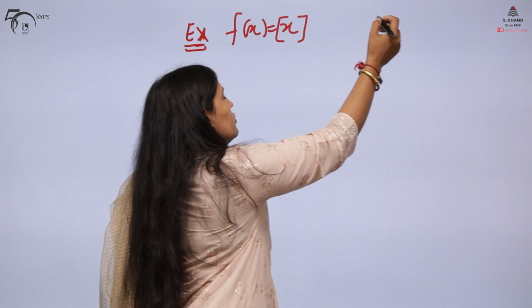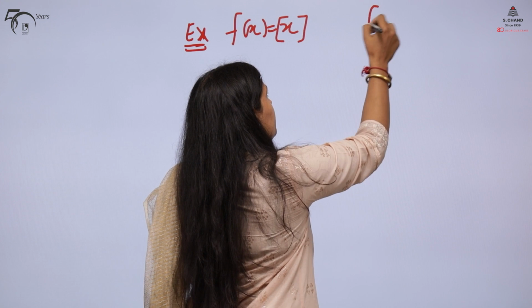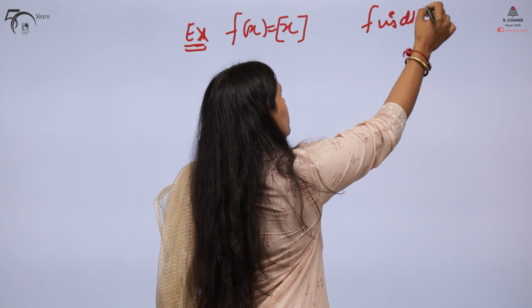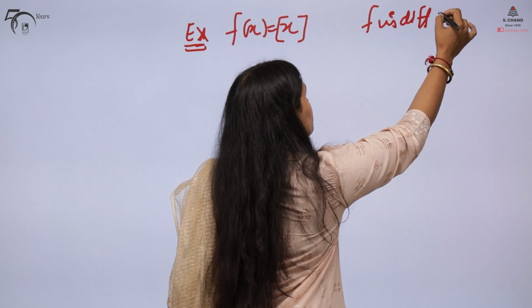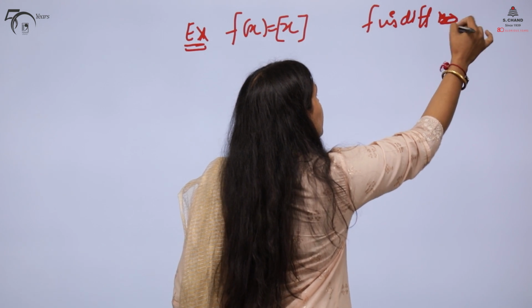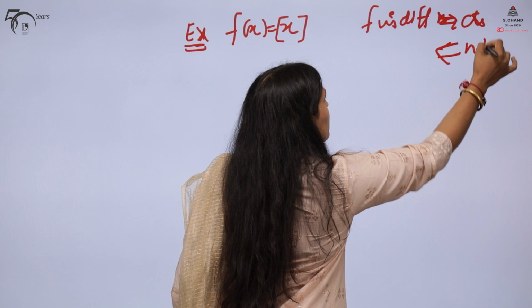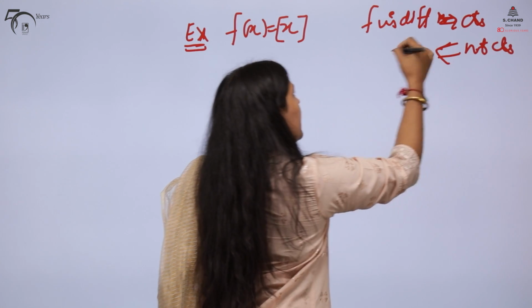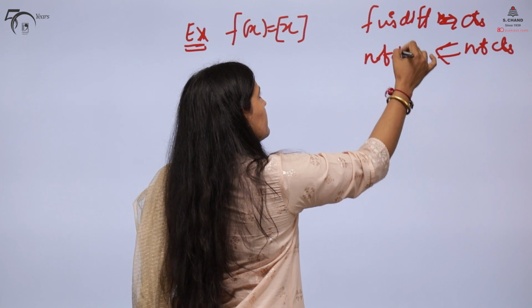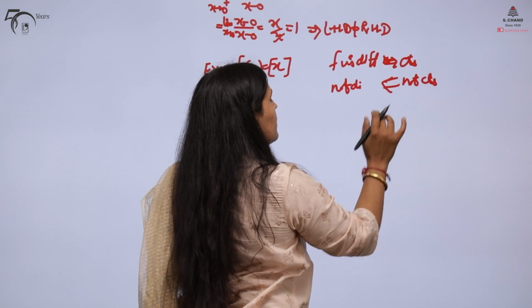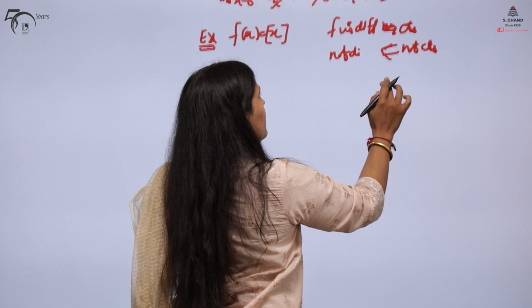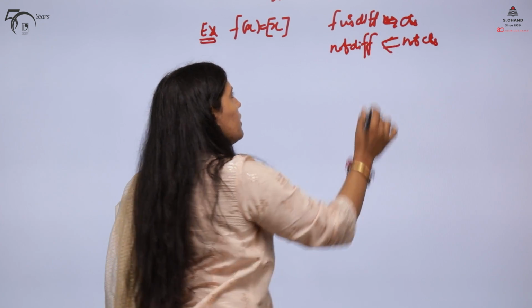Because, okay, let me write the statement again. As I told you, f is differentiable implies continuous. It means not continuous implies not differentiable. And try to understand this thing.